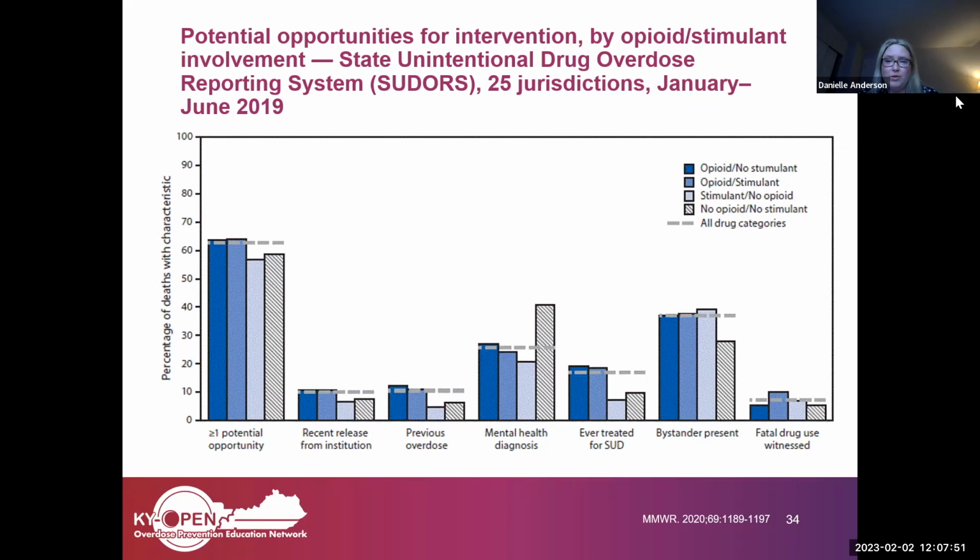And so all of those are a potential opportunity to act, a potential opportunity to provide education, to refer to treatment, to provide Narcan. And so while we hate to see this many overdoses, there is some hope here that more than half of the time we could provide some intervention that could be life-saving.